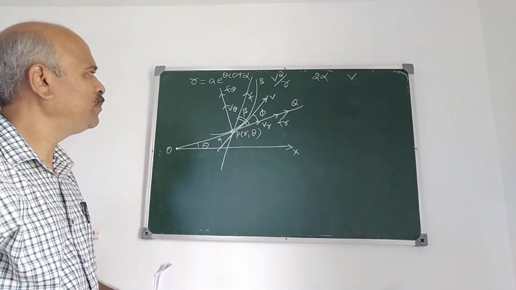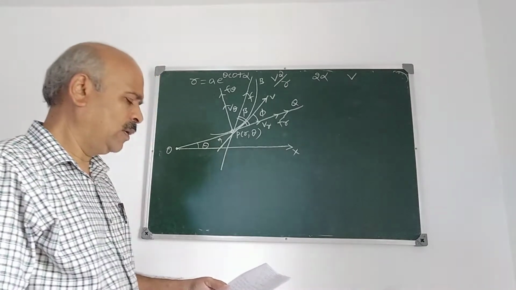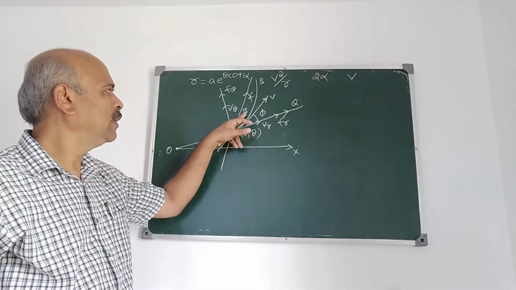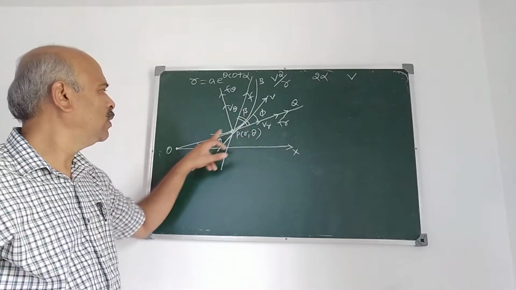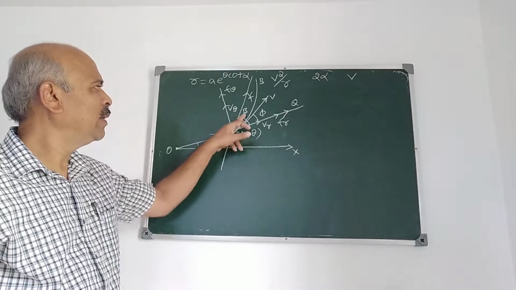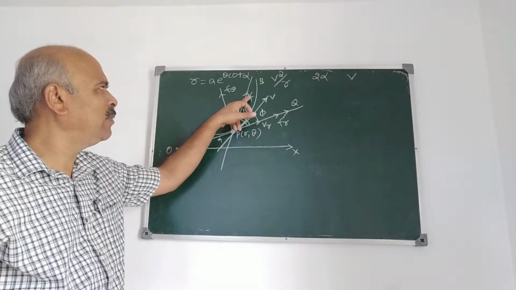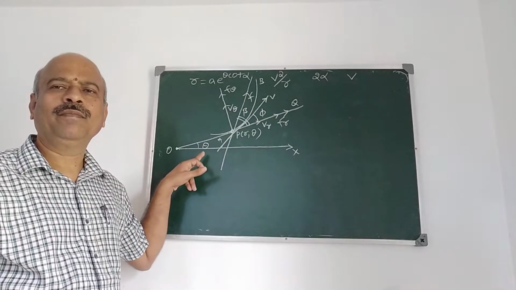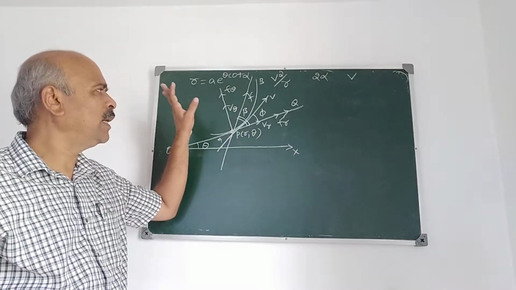Now what is the problem? The resultant acceleration of the particle makes an angle 2 alpha with the radius vector. So you have to prove that beta is equal to 2 alpha, because we have taken beta as the angle made by the resultant acceleration with the radius vector. Therefore, you have to prove that beta is equal to 2 alpha, first part.